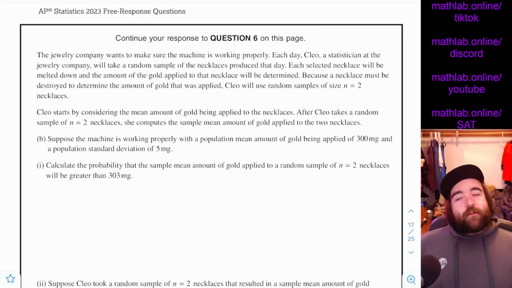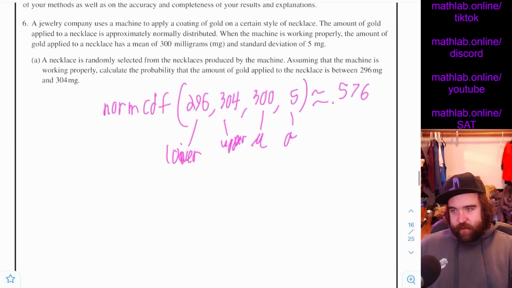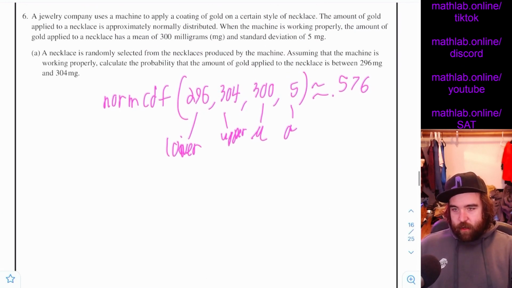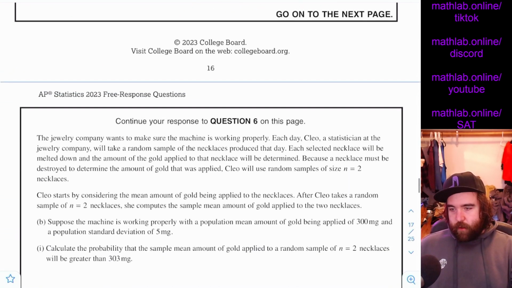So it's hard for us to use the formulas, right? Because the sampling distribution idea requires it to be normal, and you can't really do that with n equals 2. I feel like that was their little hint by giving us this as a start off. It's between 296 and 304.